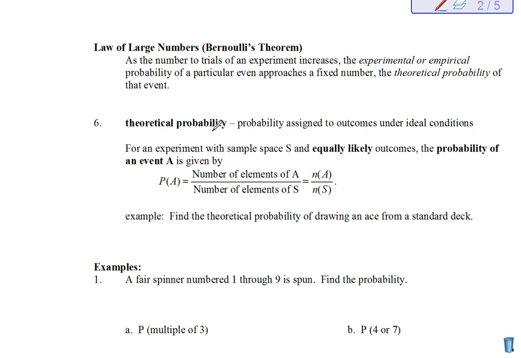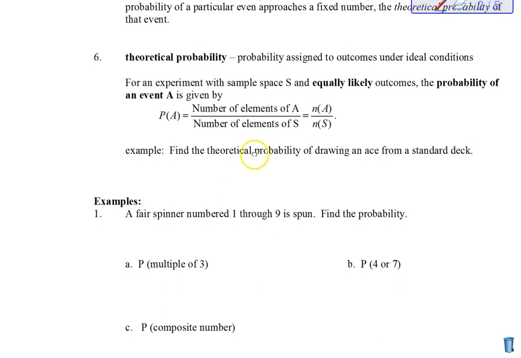For an experiment with sample space S and equally likely outcomes, the probability of event A, P of A, is the number of elements of A over the number of elements in the sample space. So how many outcomes the event can happen in, over the entire sample space. So for example, find the theoretical probability of drawing an ace in a standard deck.